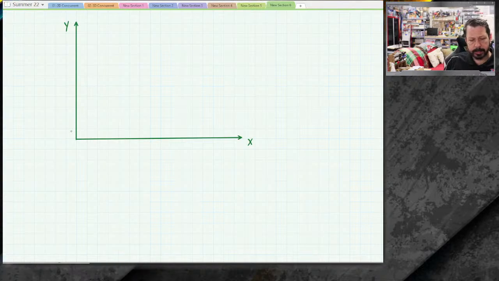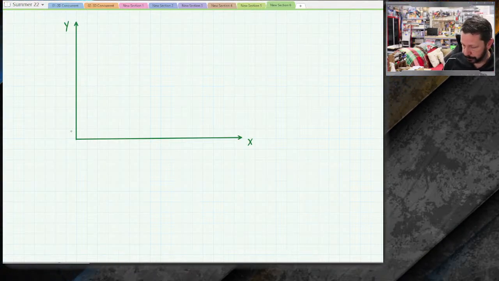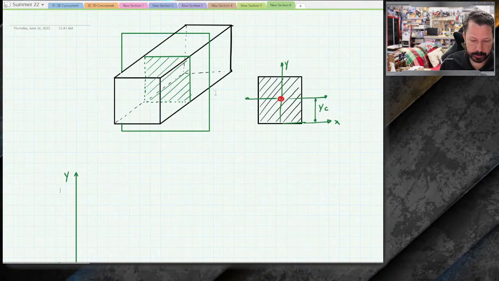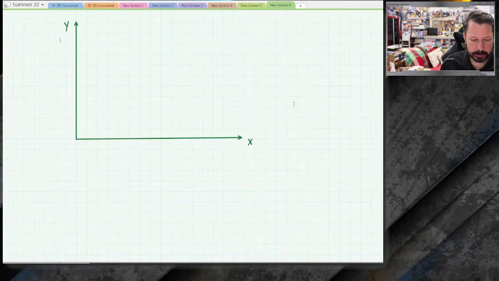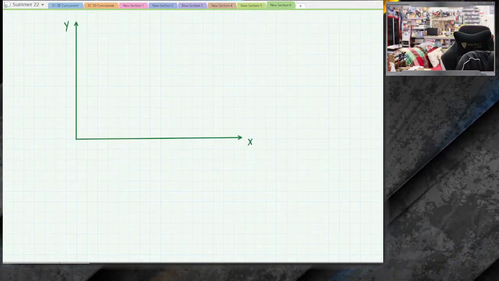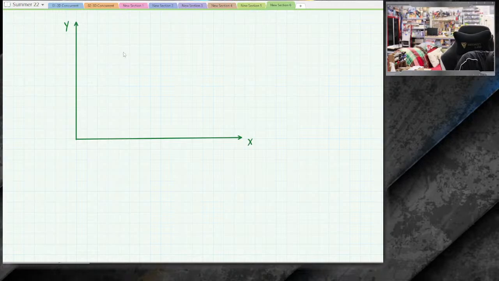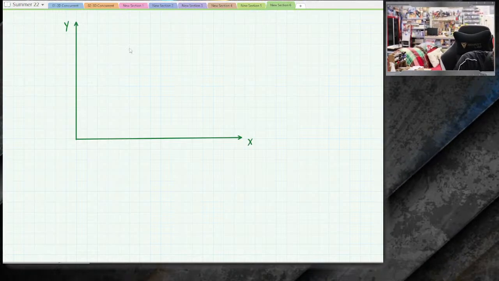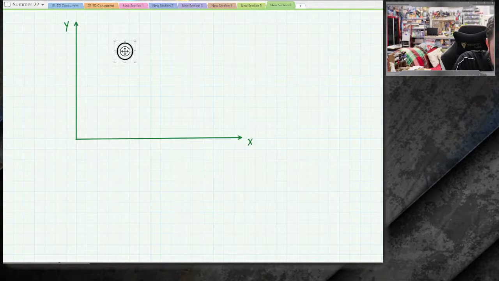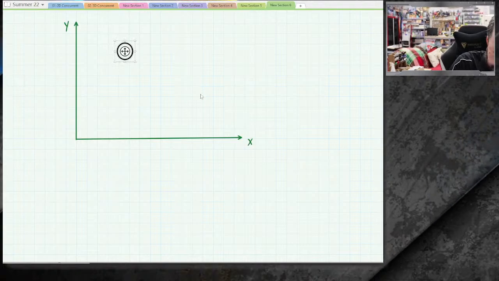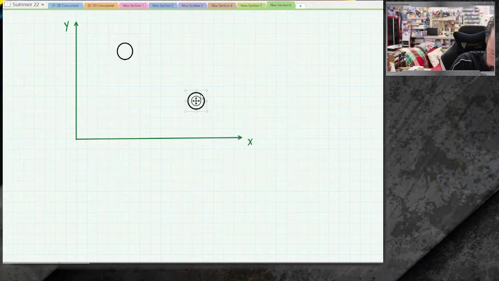All right, let's make a really simple system, but not like a rectangle, something more generic. So let's say that I've got a circle here, and then let's put another one over here.